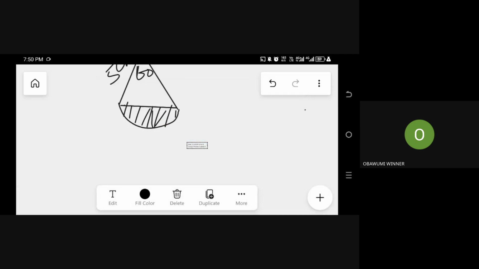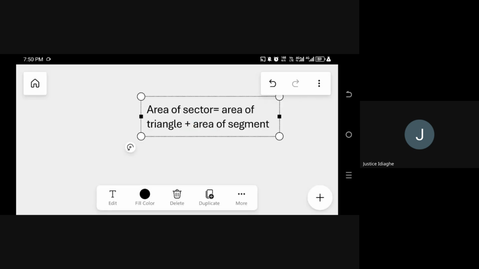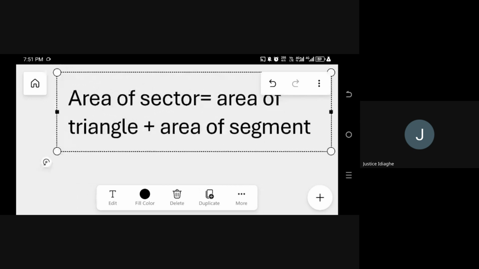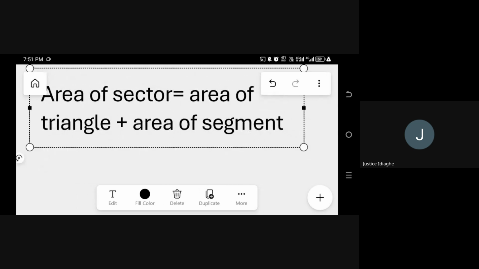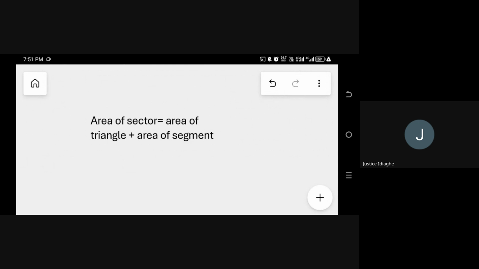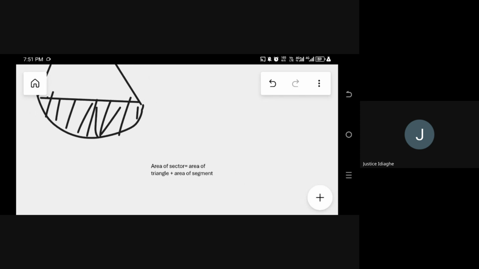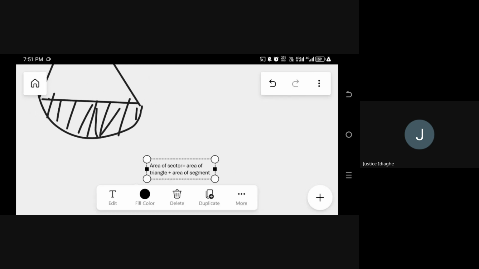That's to show you that the area of a sector is formed by the area of a triangle plus the area of a segment, which you can see here as illustrated. Area of sector is equal to area of triangle plus area of segment, because that's what forms it.